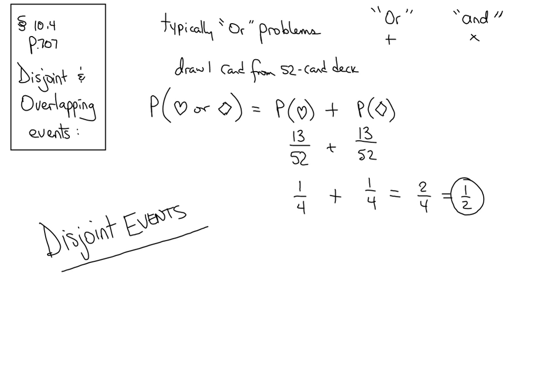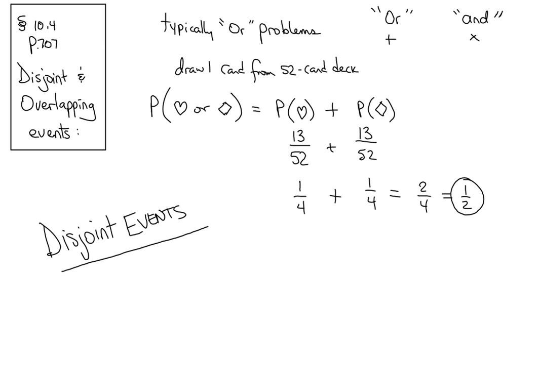Are there any cards in a 52-card deck that are hearts and diamonds at the same time? No. Right? Cards only have one suit. They're either hearts or diamonds or spades or clubs. There are no cards that are the ace of diamond hearts. Right? It's either the ace of hearts or the ace of diamonds. Can't be both at the same time. That's what we mean by disjoint. We mean that there are no outcomes that satisfy both categories.